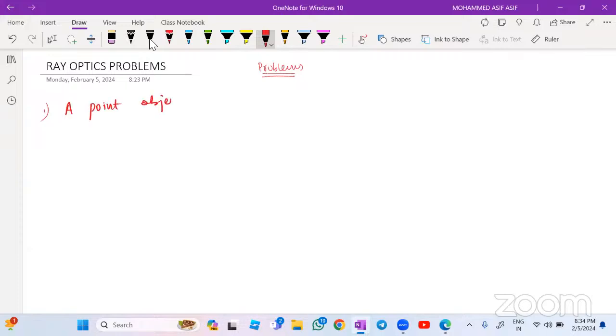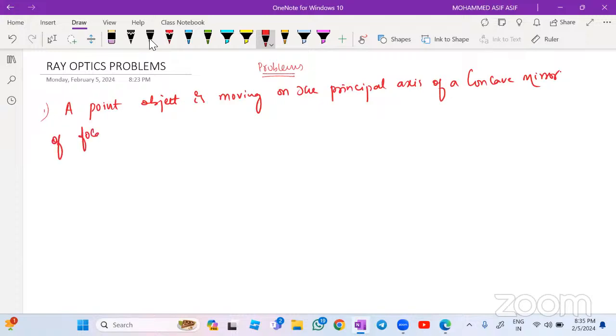A point object is moving on the principal axis of a concave mirror of focal length 24 cm.